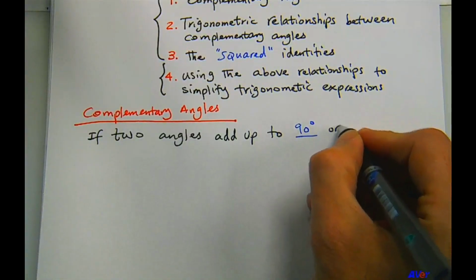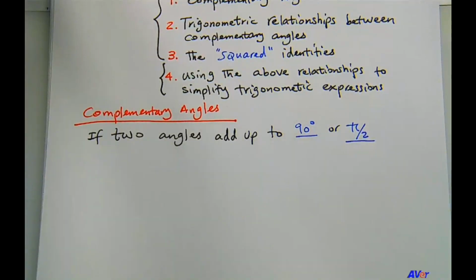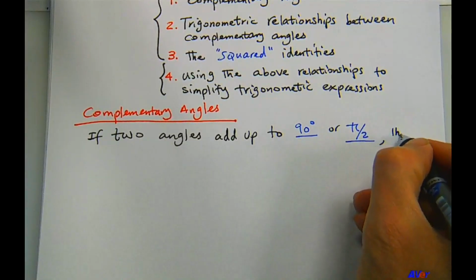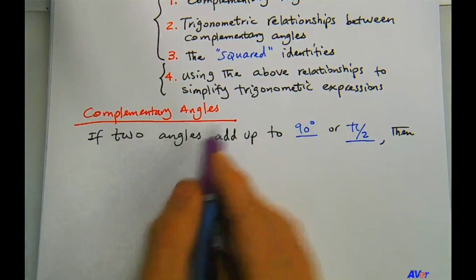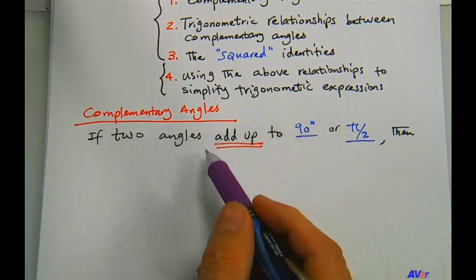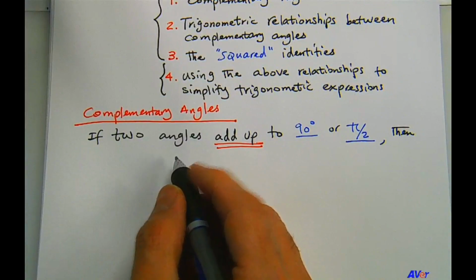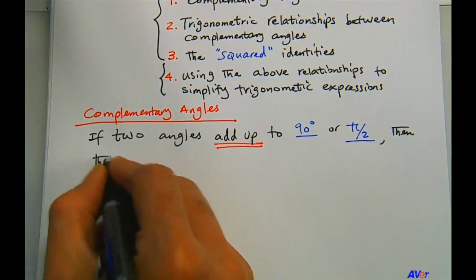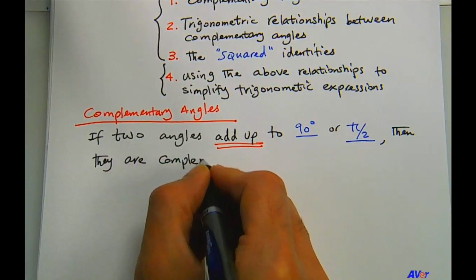So 90 degrees or pi over 2. So this is the key thing. If two angles add up to this, not that individually they're that, but if they add up to that, then they are complementary angles.